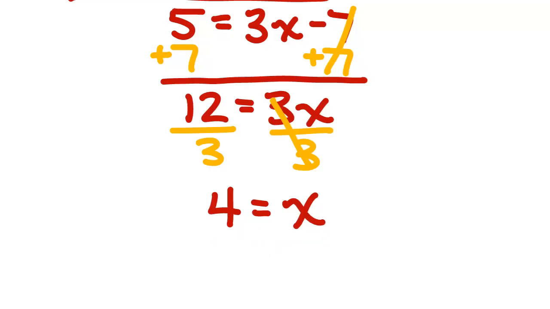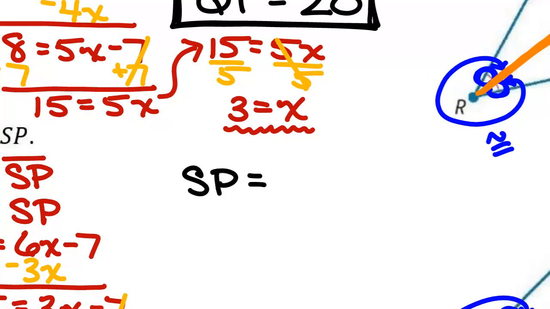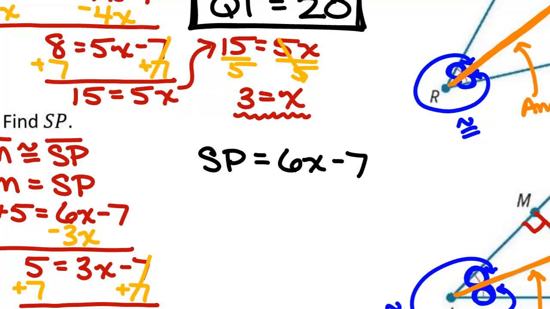But I was asked to find what? SP. Well, according to the picture, SP is how big? 6x minus 7. So in the place of x, I'm going to put 4. So 6 times 4 minus 7.